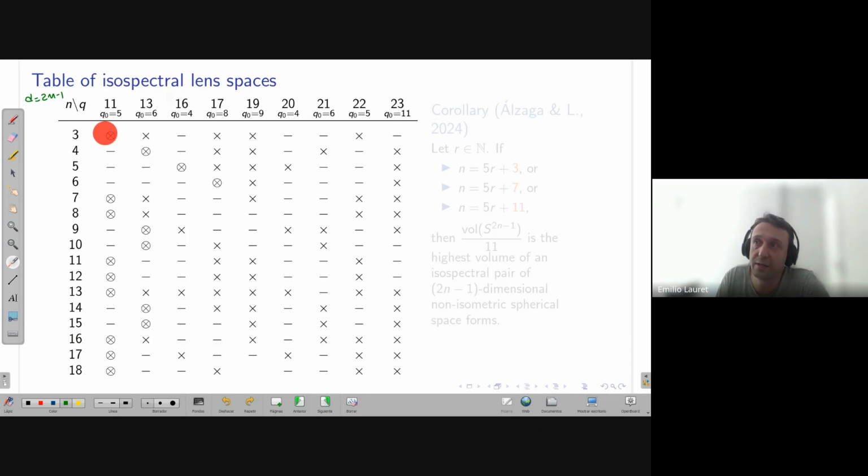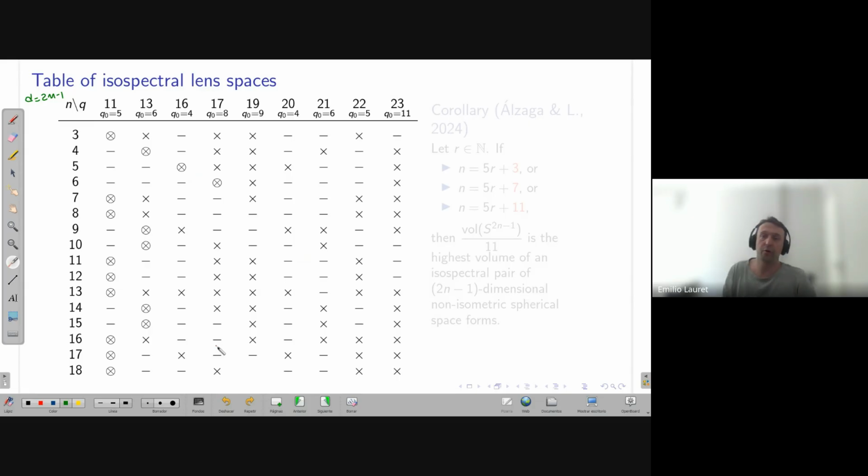And if there is a cross, a tensor symbol, let's say, this circle cross means that this is the isospectrality with q as small as possible, because this table was done with the computer.